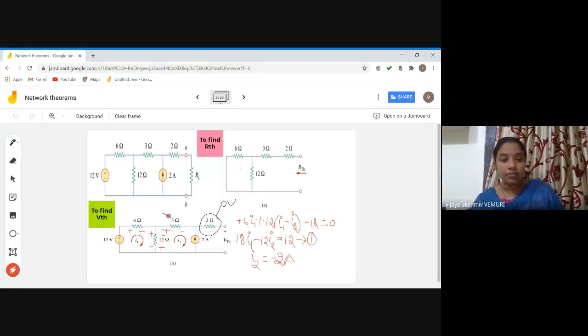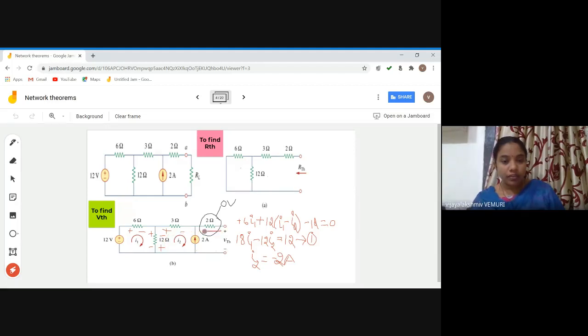The current flowing through this 3 ohms is I2 in this direction, and I am talking about this particular loop. In this loop, what is the current flowing through 12 ohms? I2 minus I1 in this direction, upward. So the voltage across the open circuited terminals is nothing but the sum of, you can just apply KVL to this.